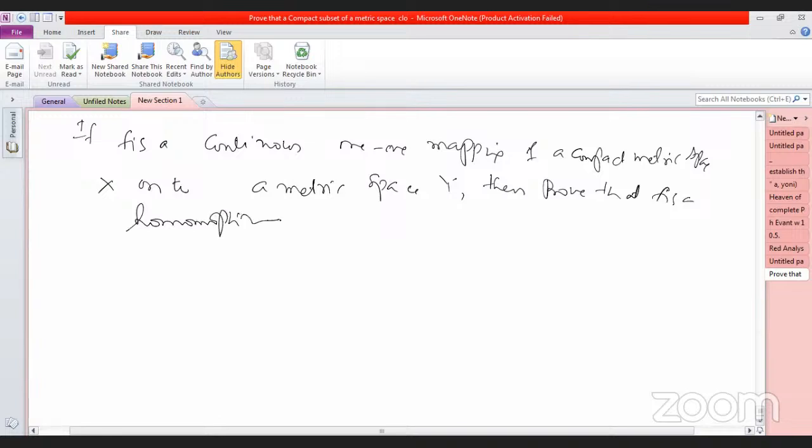See here, f is a continuous mapping of the compact metric space X onto metric space Y. Then prove that f is a homeomorphism.